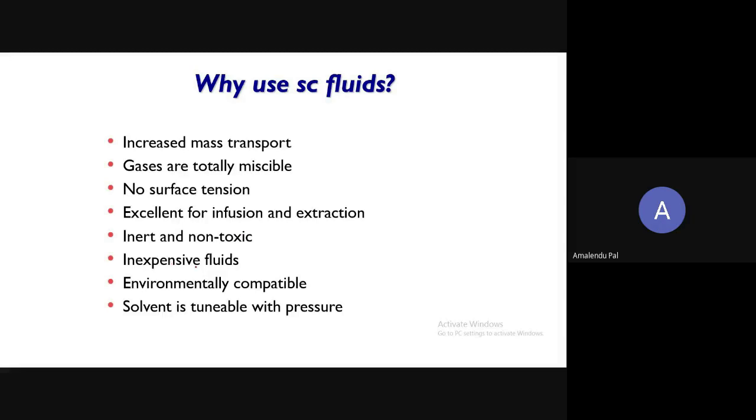And inexpensive fluid, of course, and environmentally compatible is good. And the solvent is tunable with pressure. You can change the pressure and the solvent properties can change. So these are the characteristics of the solvent. Most of the characteristics are good, so that we can use supercritical fluid as a green solvent. But preparation is not so easy. It is a tedious one.